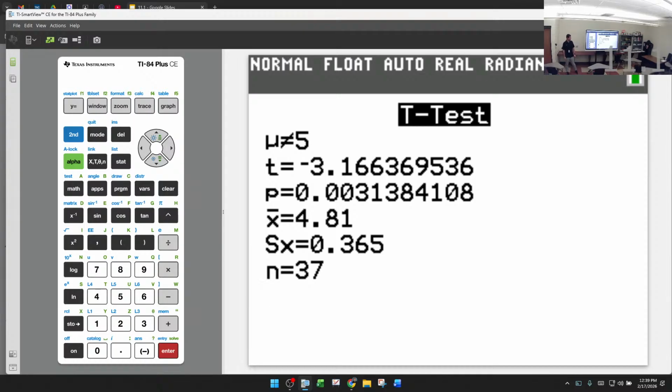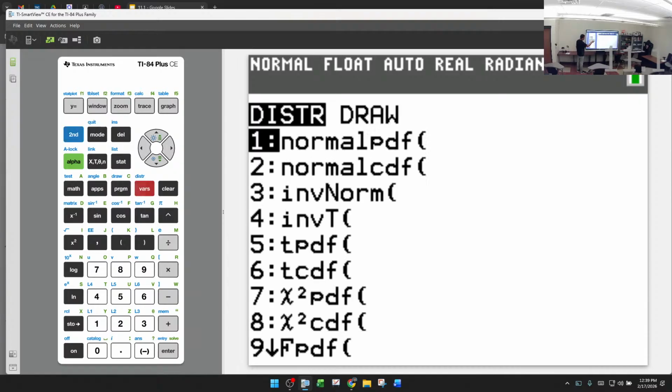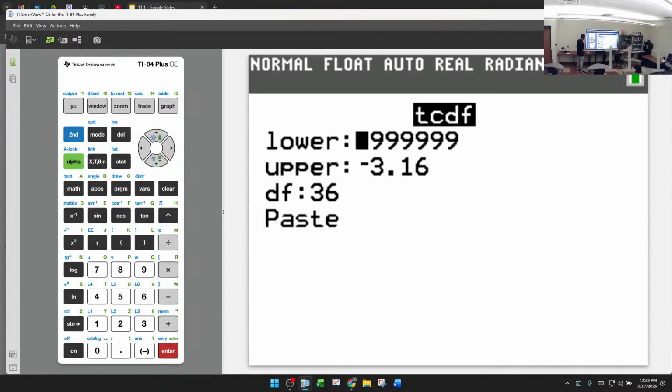X bar is 4.81, standard deviation is 0.365, and n is 37. Negative 3.166. There it is.